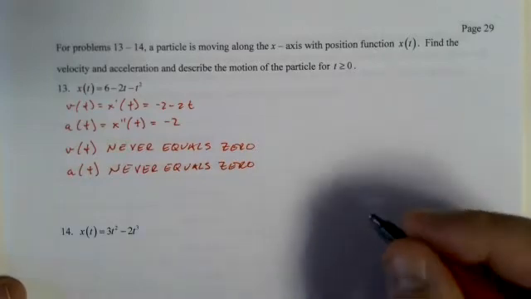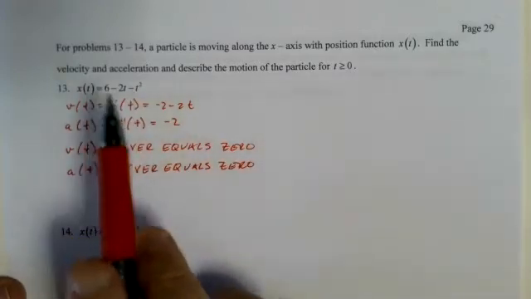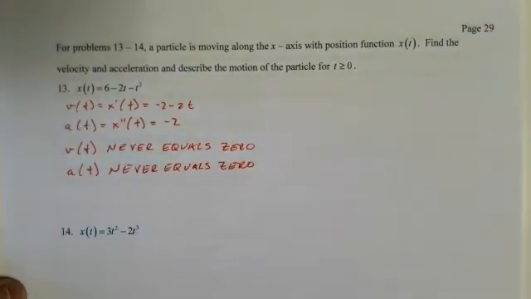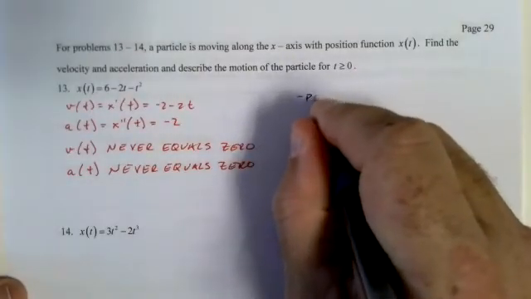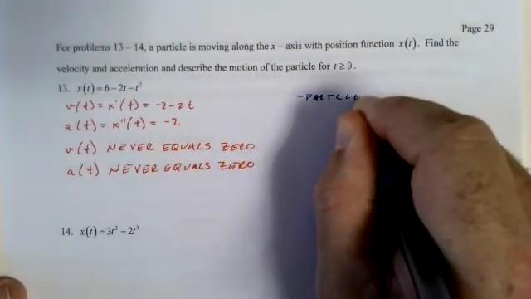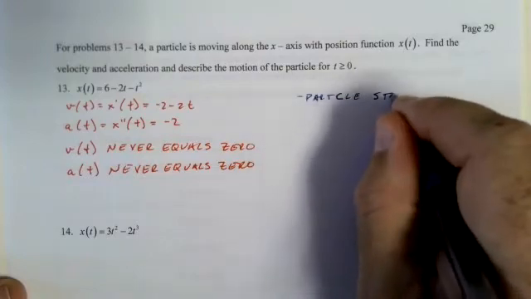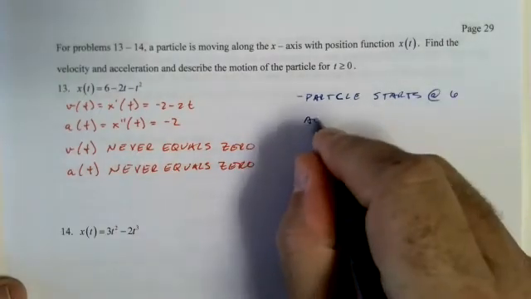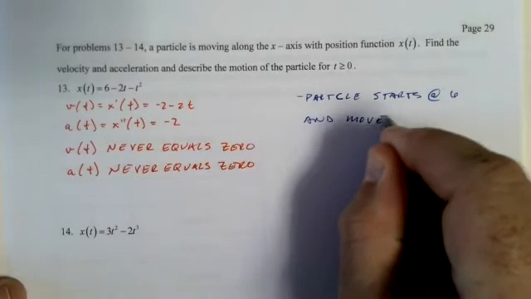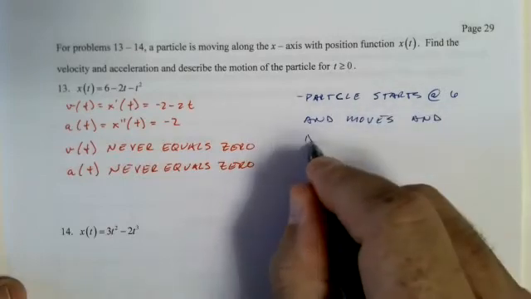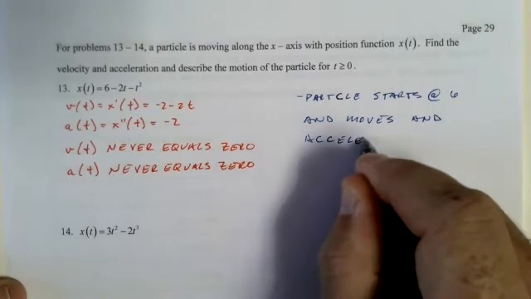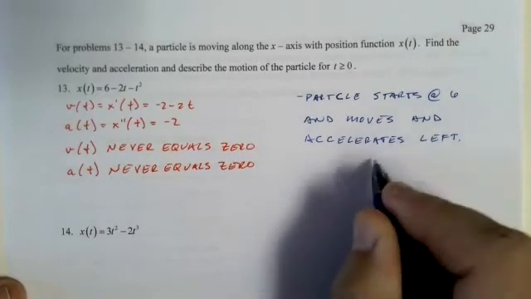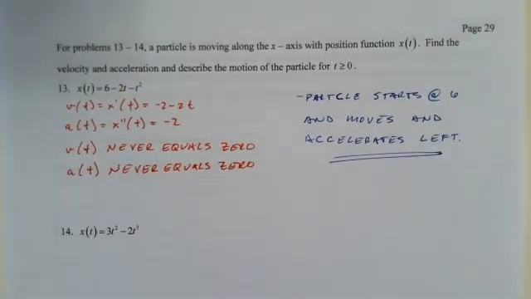So the position at time 0 starts at 6. It starts moving and accelerating left. That's it.